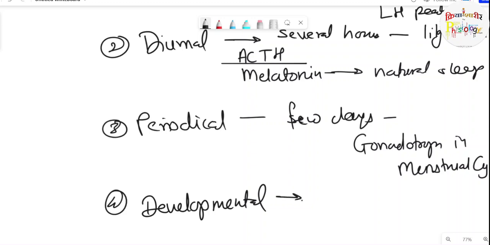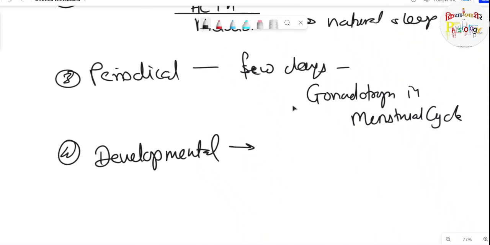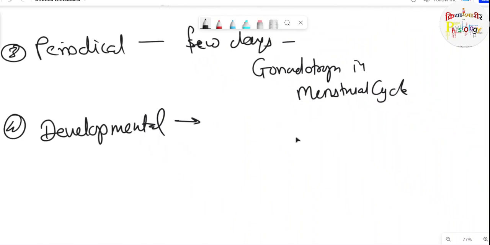Okay, so according to the different phases of development of the body, these secretions occur, like secretion of sex hormones in puberty. Puberty is a developmental phase. So during puberty, secretion of sex hormones is at its maximum level, at its peak. So it is also an example of rhythmic or chronotropic control.